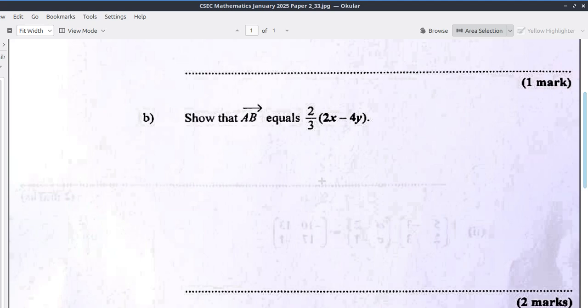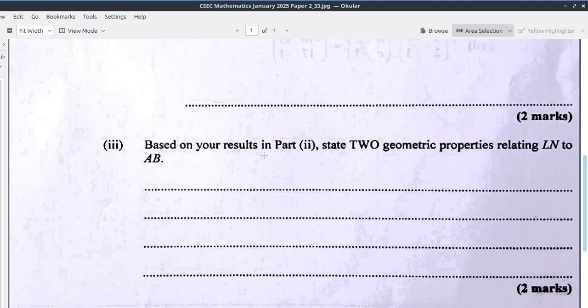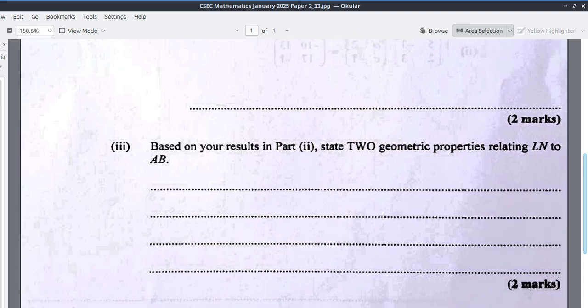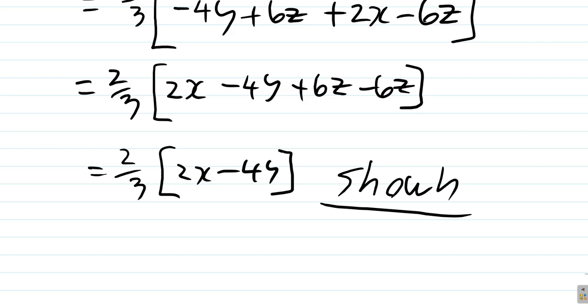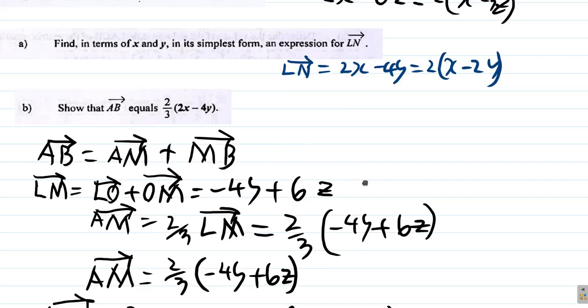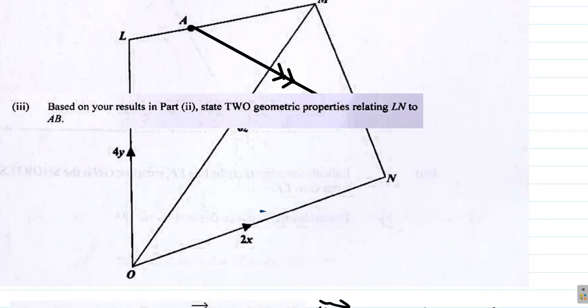Now, it says here, based on your results in part 2, state 2 geometric properties relating LN to AB. All right, so let's copy and paste that over here. Okay.